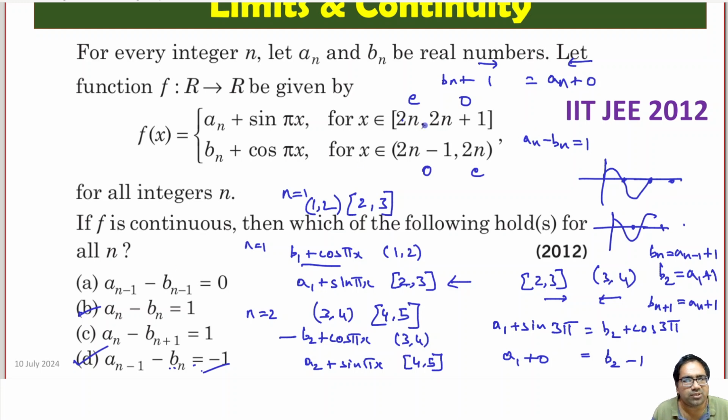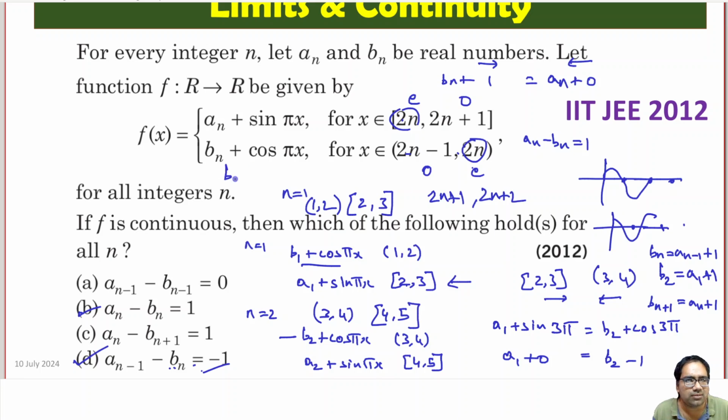Right. When we substitute directly, we try to equate at 2n and 2n. And while we try to equate it for n plus 1, instead of 2n there is 2n minus 1. Instead of that, we can write it as b of n plus 1. So if instead of n, you put n plus 1, it becomes 2n plus 1, and 2n plus 2.